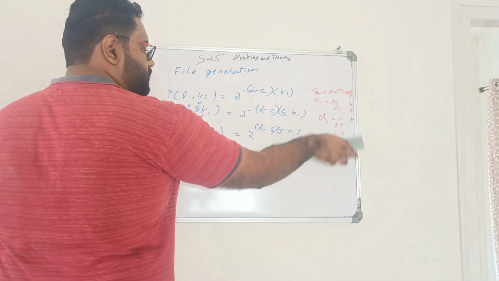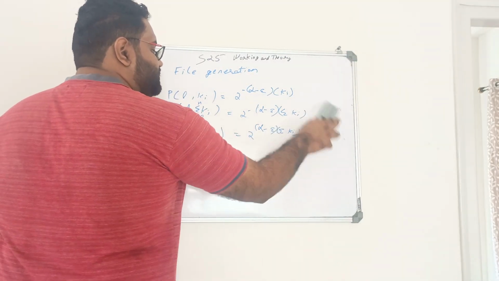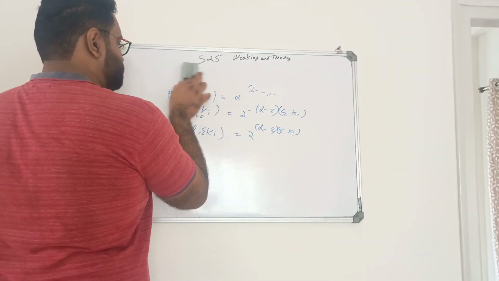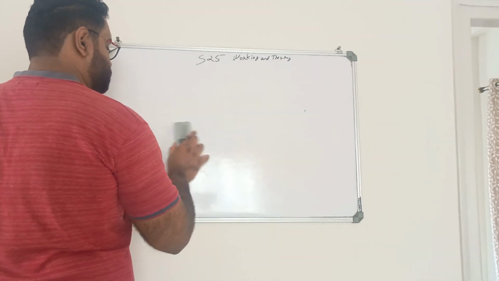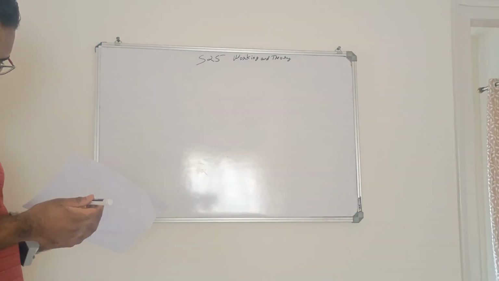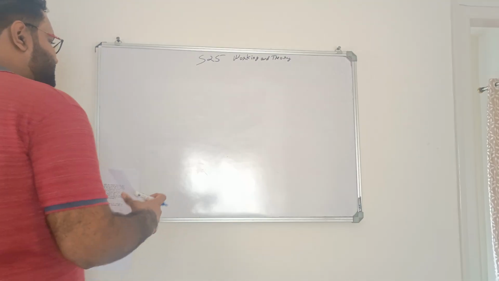So now let us look at what we can do to generate these kinds of files. So I came up with 3 options, which are somewhat feasible, or at least I believe is feasible.